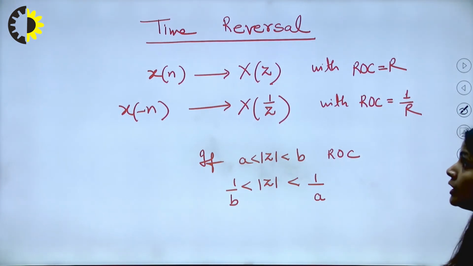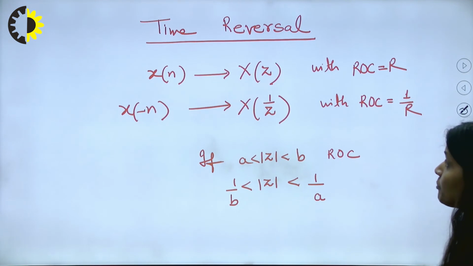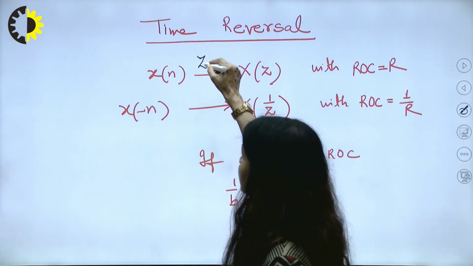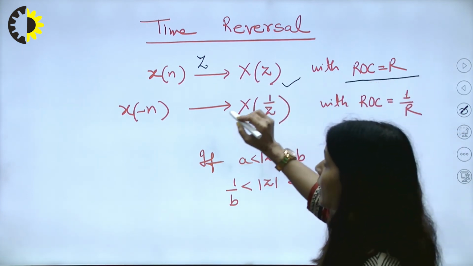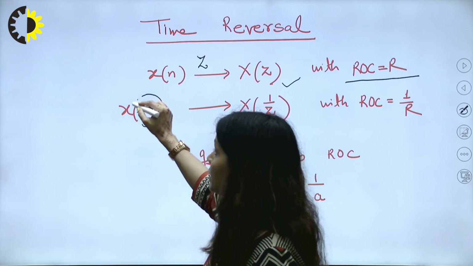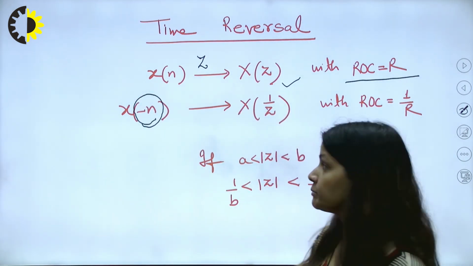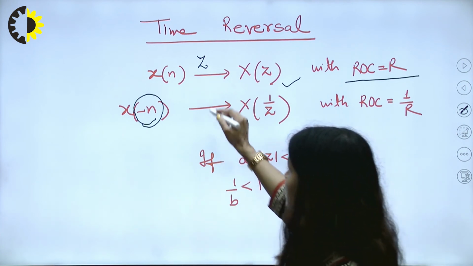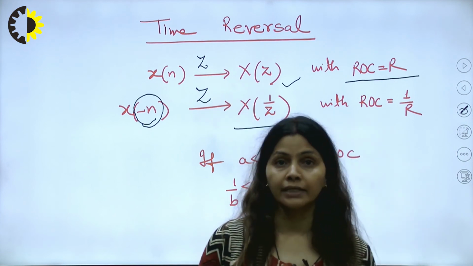Now coming to time reversal. For the time reversal property, if the Z transform of x[n] is X(z) with some ROC R, and I reverse my sequence, then the Z transform in this case will be X of 1 upon z.